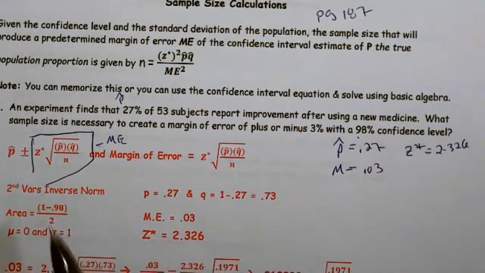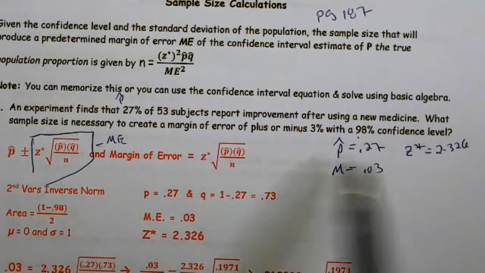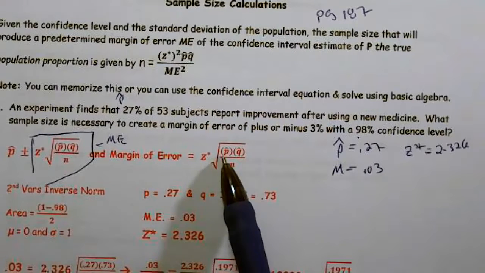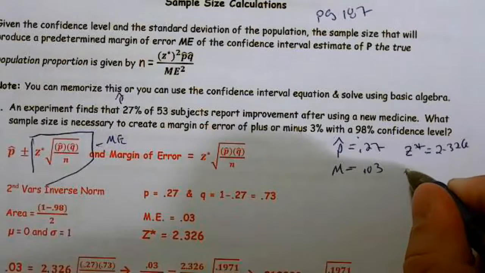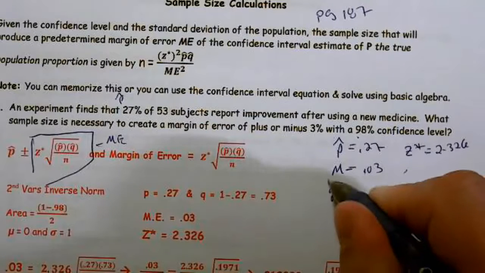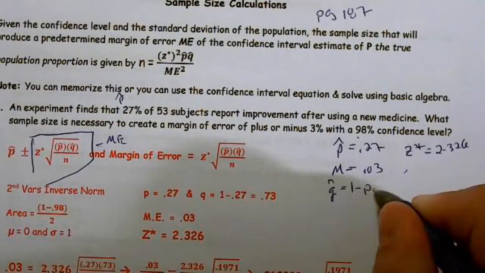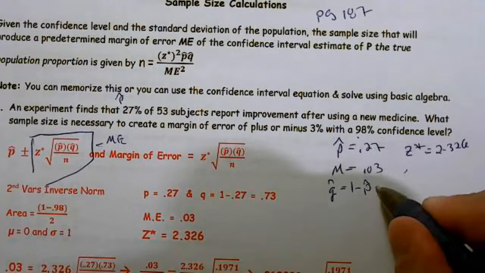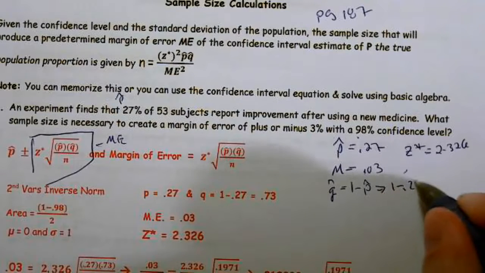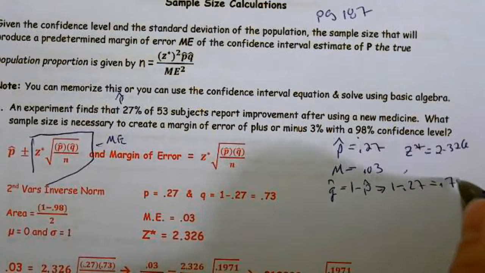So I'm going to start plugging in what I know. If I have P hat, it's going to go here. That means Q hat, I should have written this down, because Q hat equals 1 minus P hat. So 1 minus 0.27 equals 0.73.